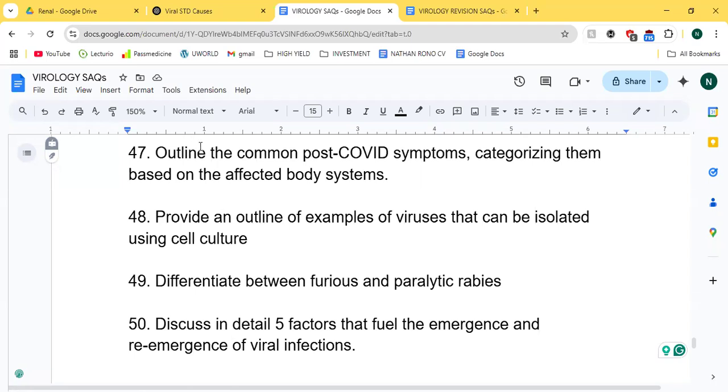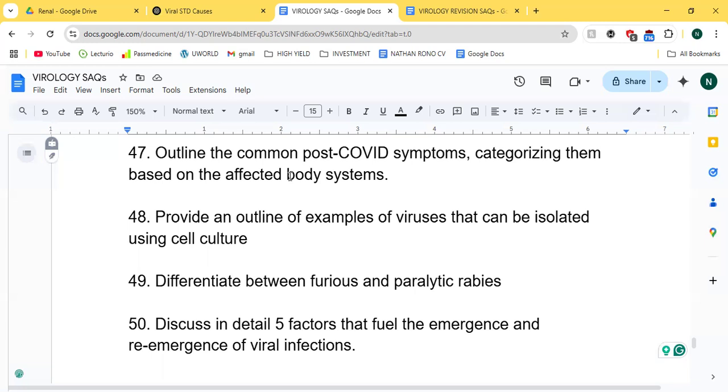Answers. So we can start with 47. There are a lot. If you've been asked to categorize based on systems, just know it affects multiple systems. So even if you have no clue at all, just put RESP, CVS, GIT, urinary, reproductive. And then you write the common symptoms in those systems.